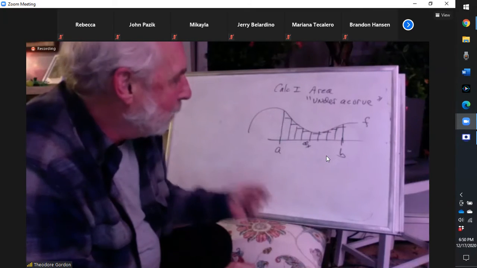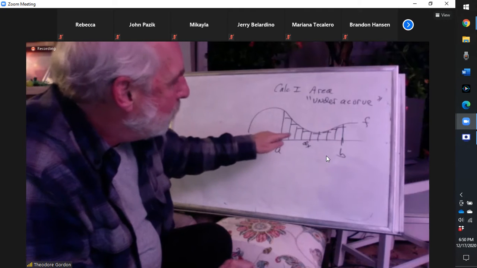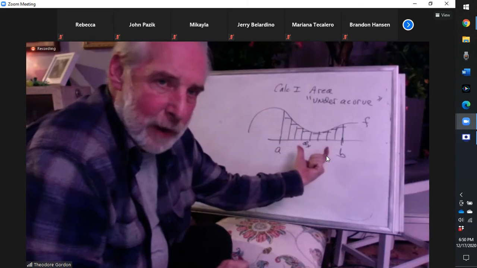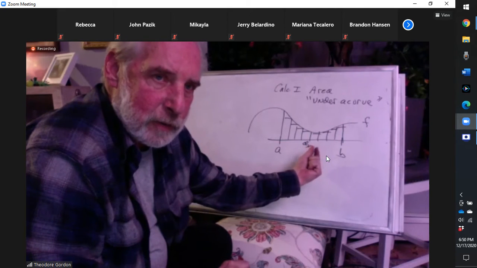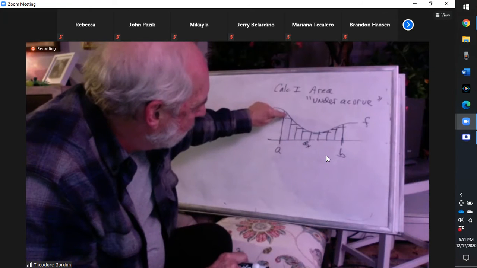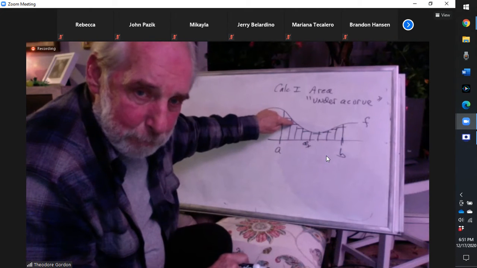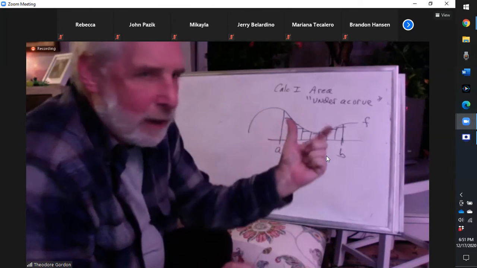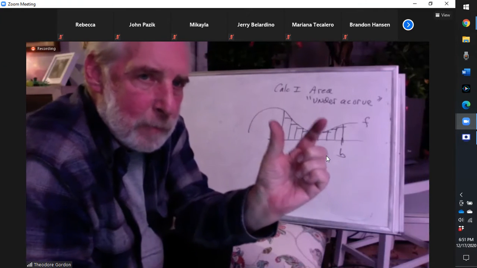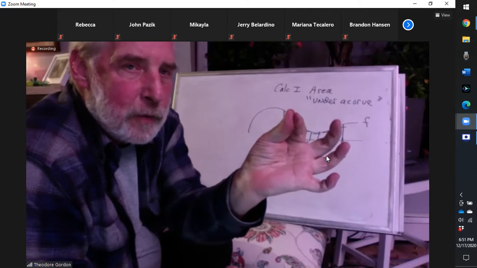Then in calculus, to make the estimate closer to the true value, we make the rectangles skinnier and skinnier and put more and more rectangles in there. That makes the little error area go away. To find the exact area, we use the concept of a limit. Those rectangles shrink down to 0.